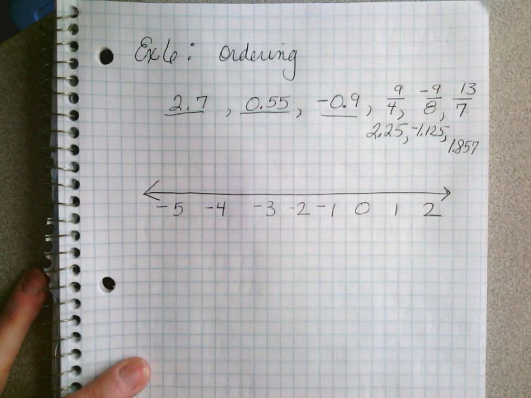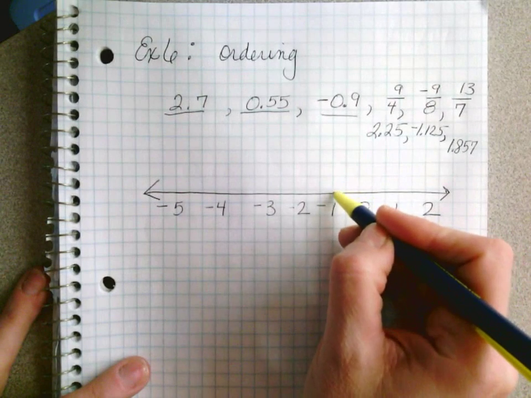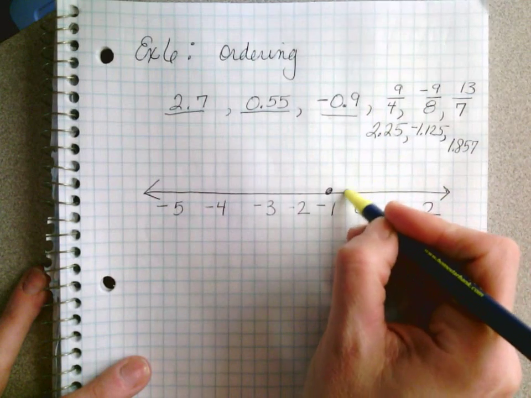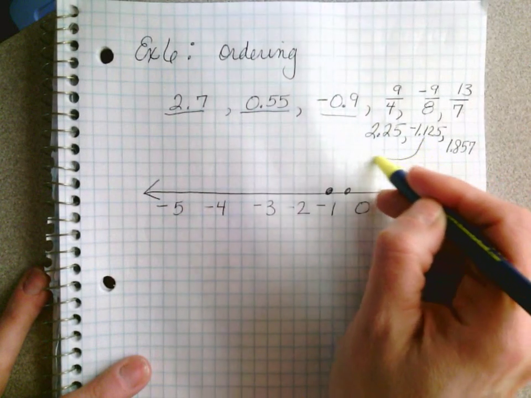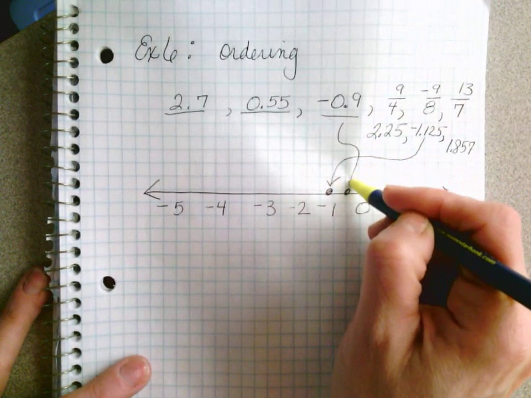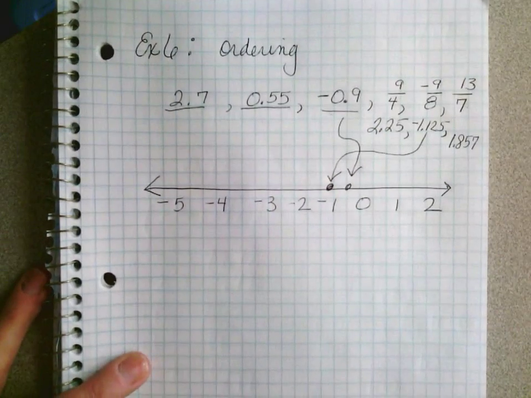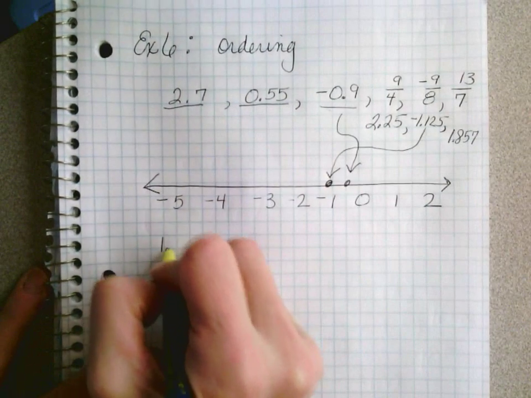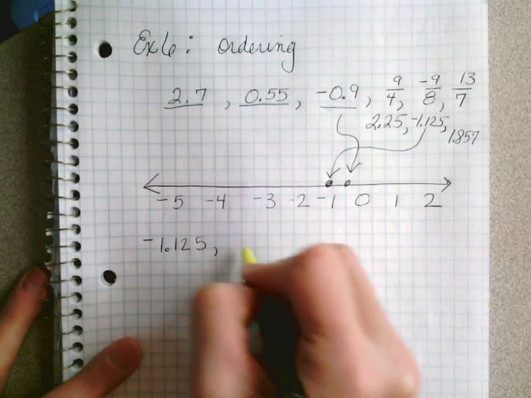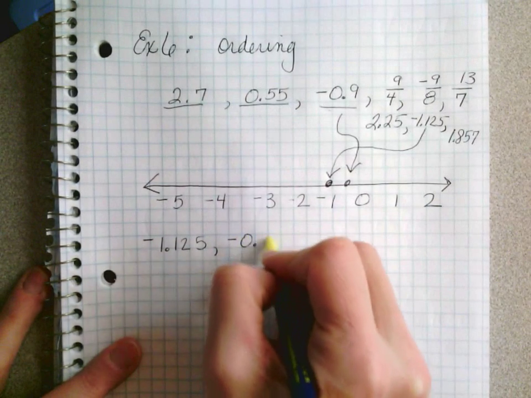So negative 1.125 is going to be about here, and negative 9/10 is going to be about here. Of those two, the one that is the most to the left is the smaller of the two, which is negative 1.125. Next is negative 0.9.